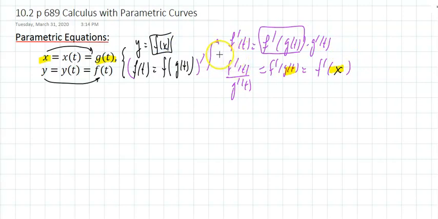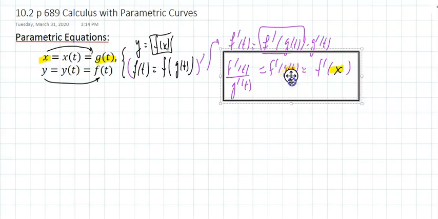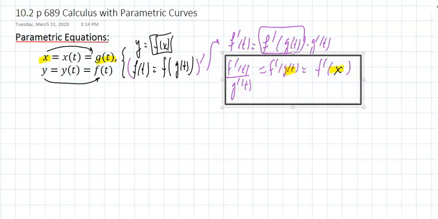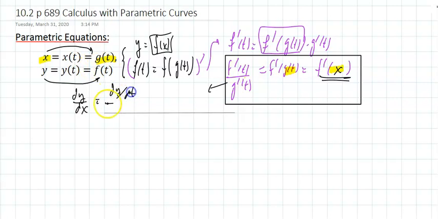So pretty much I just found a way of finding a derivative in parametric equations by bypassing all of this and saying, if you want to find dy/dx, which is what this equals, then simply take dy/dt over dx/dt.